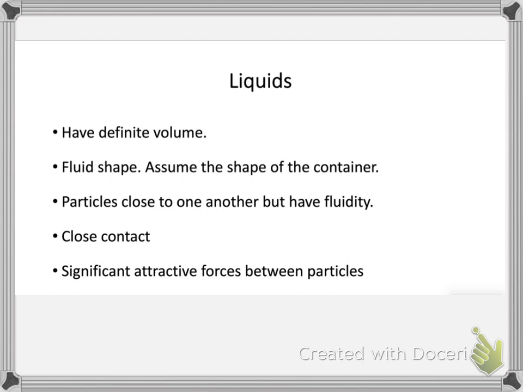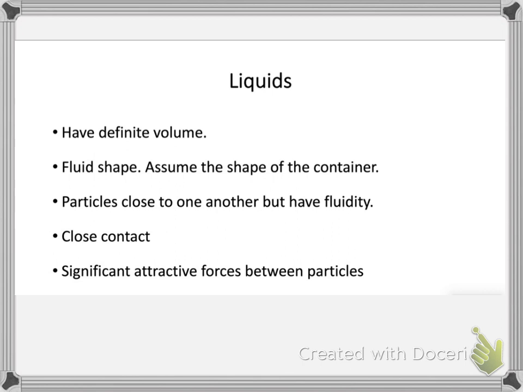If you pour 20 milliliters into a 100 milliliter beaker, you would measure it up to the line and it would have that shape of the beaker, the circle, and it would go up just a little bit on the side. Then if you got a 25 milliliter graduated cylinder, which is a tube, a cylinder, and you poured it, now those 20 milliliters would look like they're in a cylinder. That's what it means when they assume the shape of the container. It's fluid. The molecules can flow past one another.